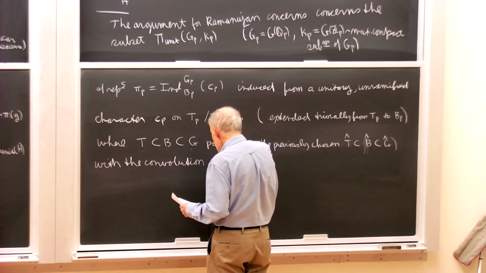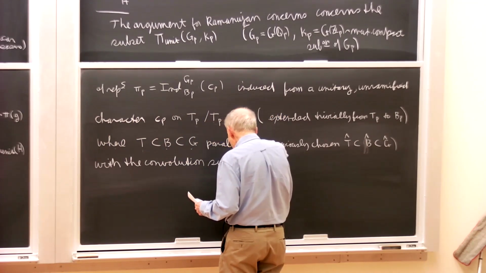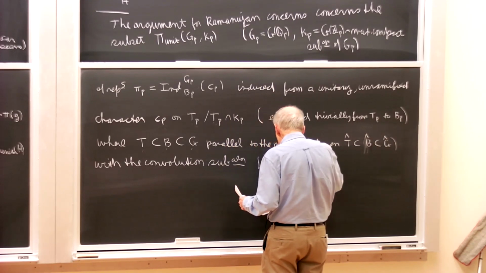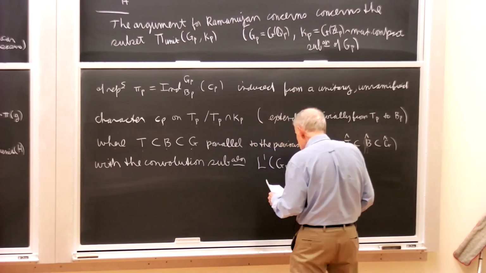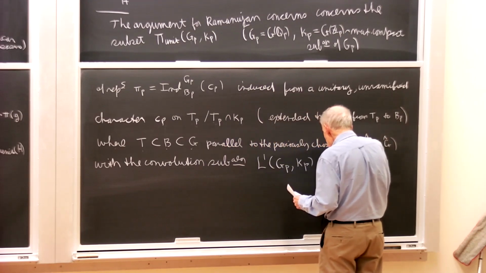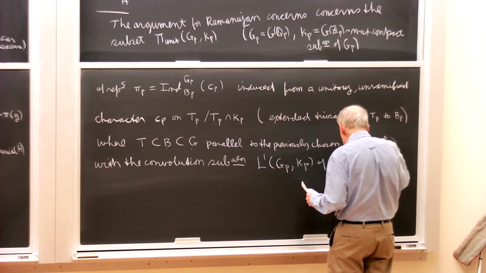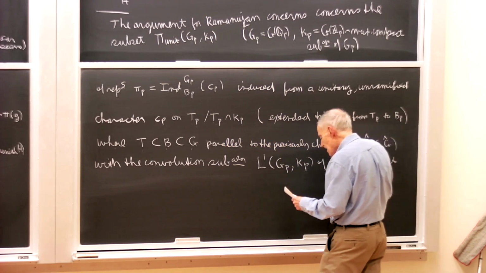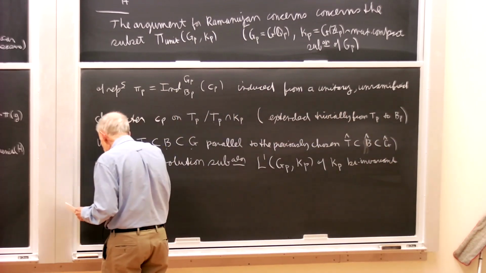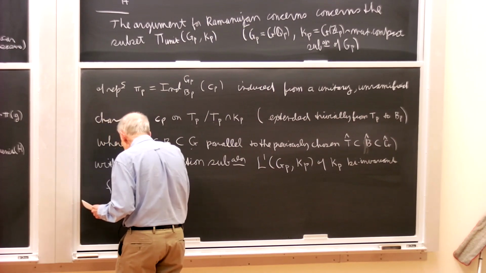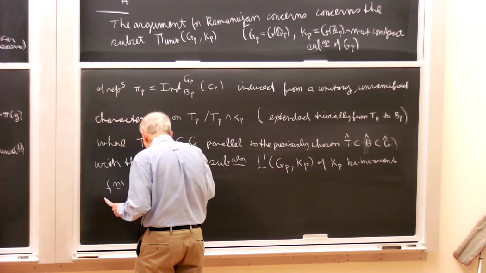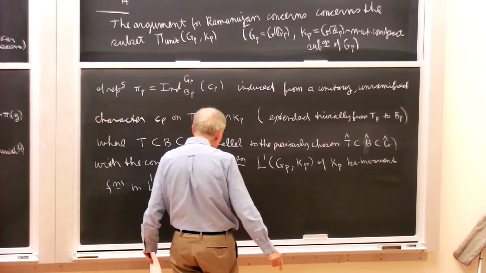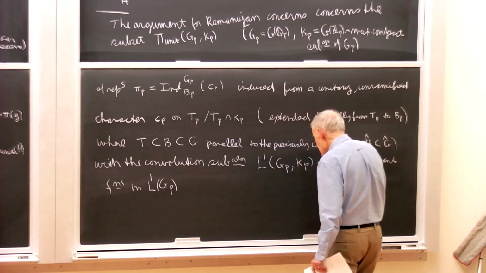So the convolution subalgebra L1(G_p, K_p) of K_p bi-invariant functions in L1 of G_p. It's a subalgebra because if you've got an integrable function there, it's certainly going to be integrable on this subalgebra.